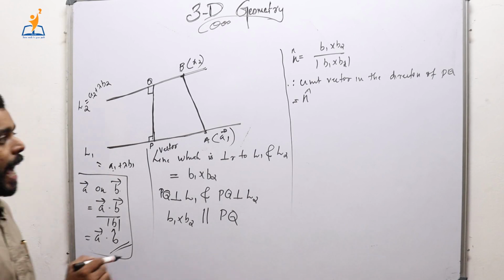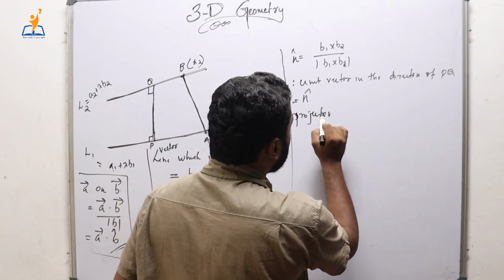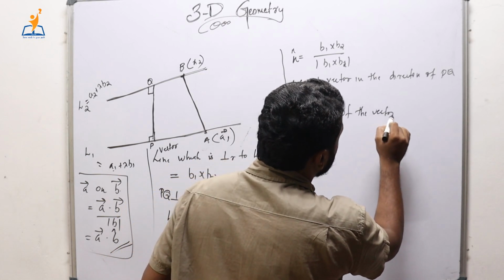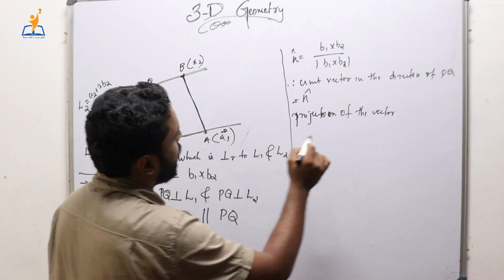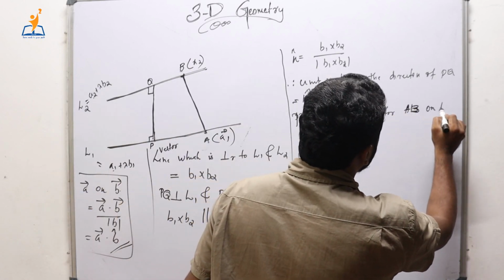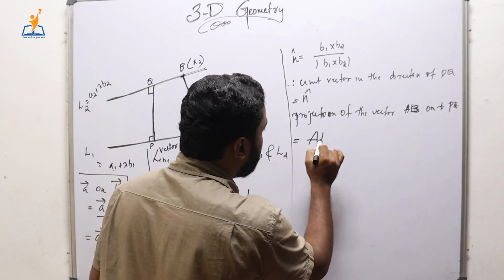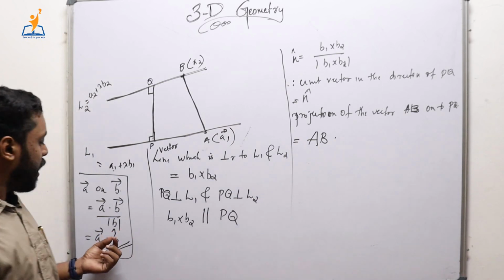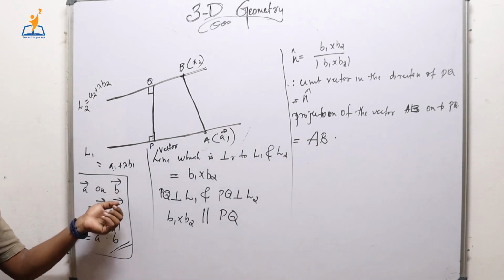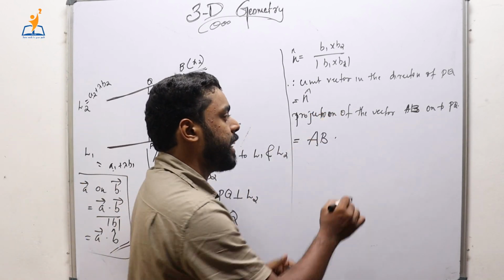So using that, the projection of the vector AB onto PQ can be evaluated as AB dot B cap, where B cap is the unit vector in the direction of B. So AB dot the unit vector in the direction of PQ, which is nothing but n cap.